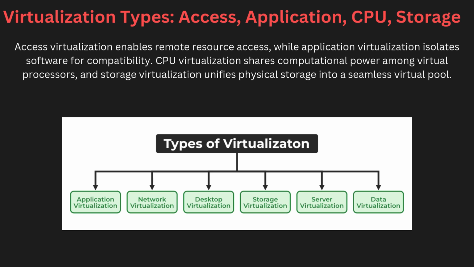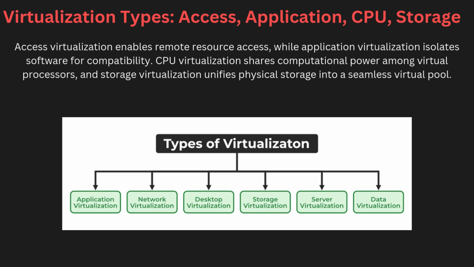CPU virtualization allows multiple virtual CPUs to run on a single physical processor, dividing the computational power among the virtual machines also. Lastly, storage virtualization. It aggregates multiple storage devices into a unified virtual pool, simplifying data management.